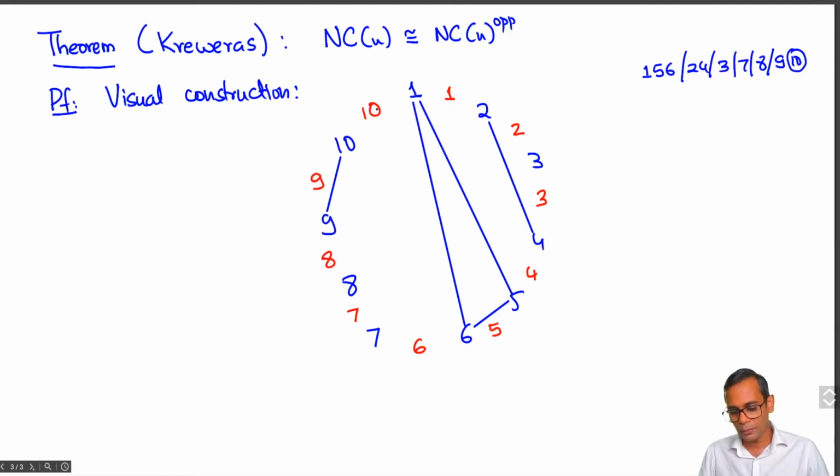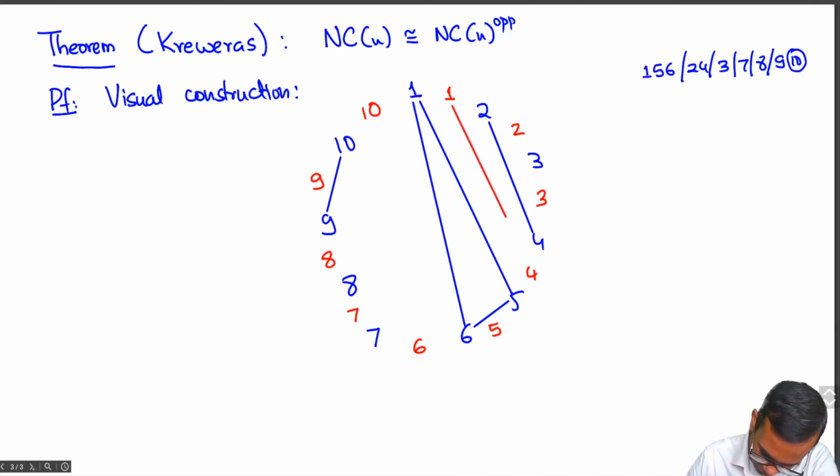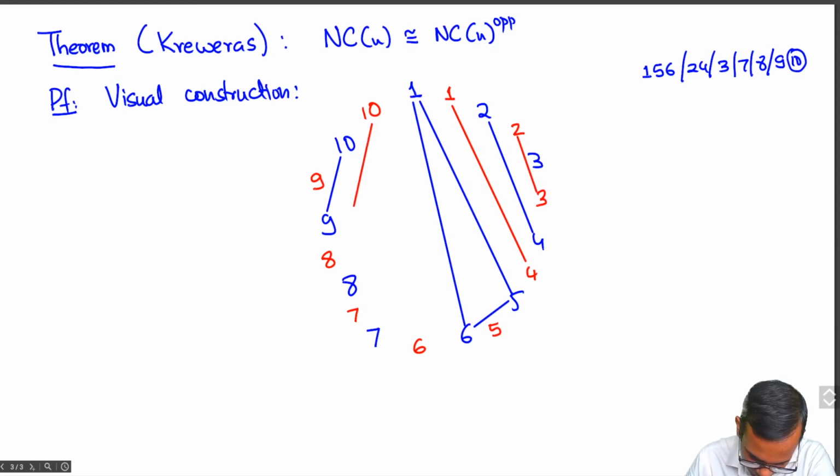And now I'll draw the blocks of the new set partition to be the blocks of the old set partition which are not separated by the blocks of the new set partition. In some sense, the connected components. So for example, 1 and 4 are not separated by the old set partition. 2 and 3 are not separated by the old set partition. 5 is completely isolated, but here we have a nice big block.